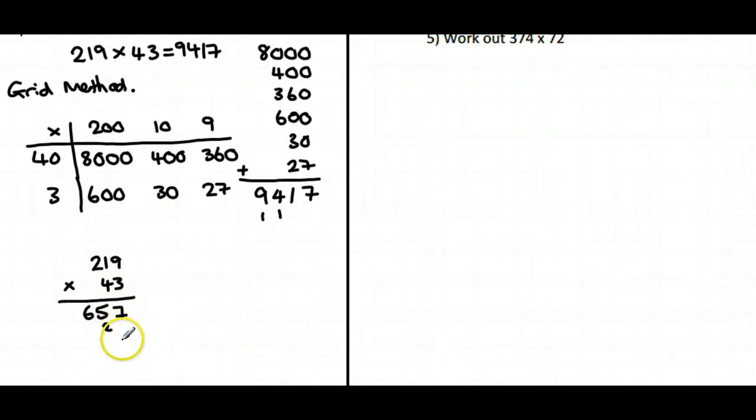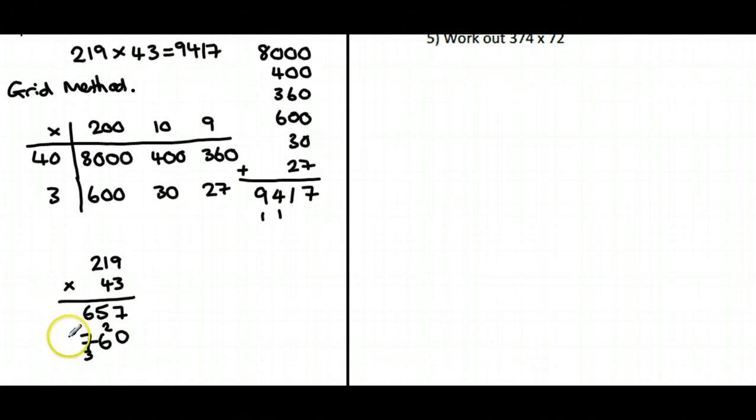We're now going to multiply by 40, in which case we know it's going to have a 0 on the end. And then we do 4 times 9, which is 36. We do 4 times 1, or 40 times 10 is essentially what we're doing, which is this part here. So 4 times 1 is 4, plus the extra 3 is 7.